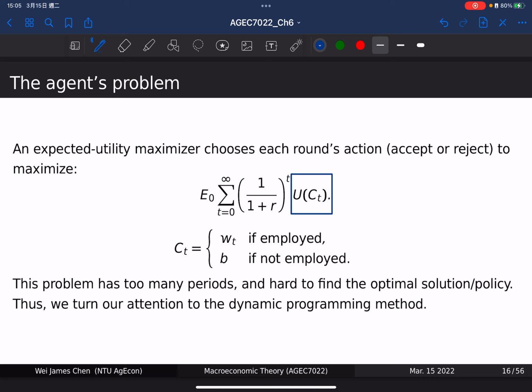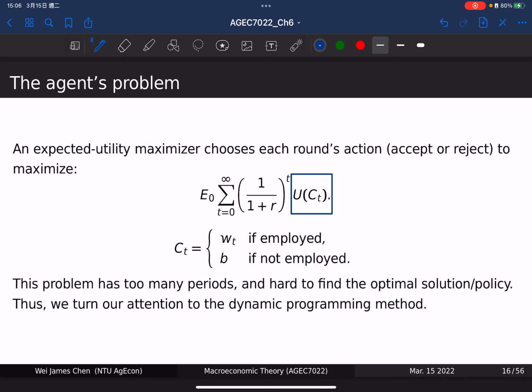Then some periods later, I get a new job offer, the wage now is $30, and I accept the job. In both cases I'm employed, but the wage is different, so I use w_t here. But b doesn't have a subscript t, because if you are unemployed, no matter in which period, you receive b.